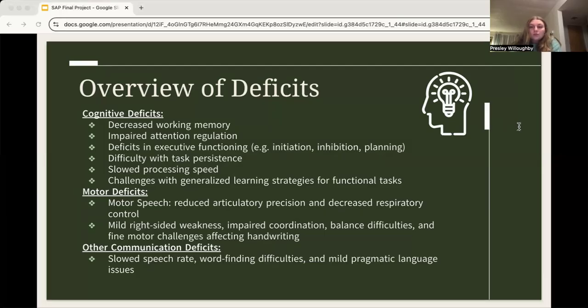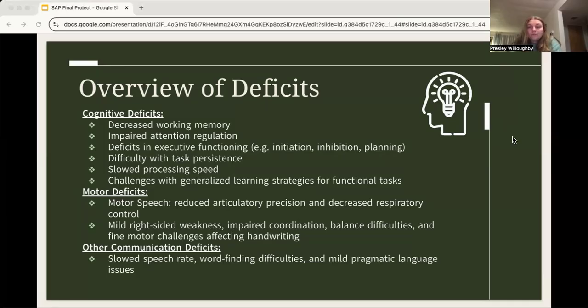He also struggles to generalize learned strategies from structured tasks to new or functional contexts, which is particularly concerning for school reentry.